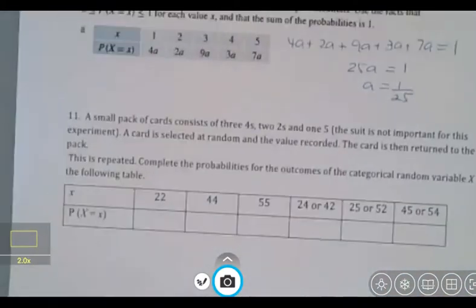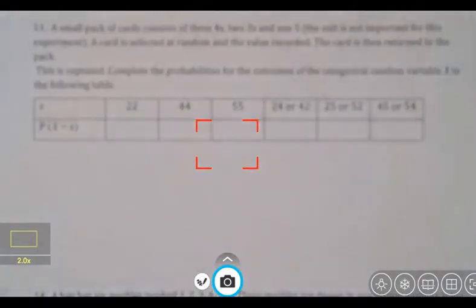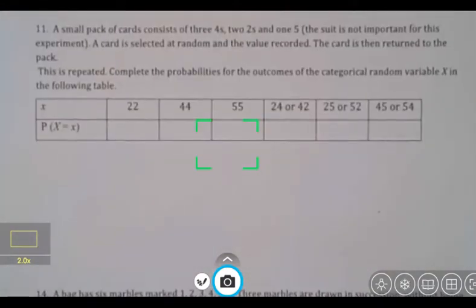Okay. And question 11, it says a pack of small cards consists of 3 4s, 2 2s and 1 5. It says the suit is not important for this experiment, and a card is selected at random and the value is recorded, and the card is then returned to the pack.